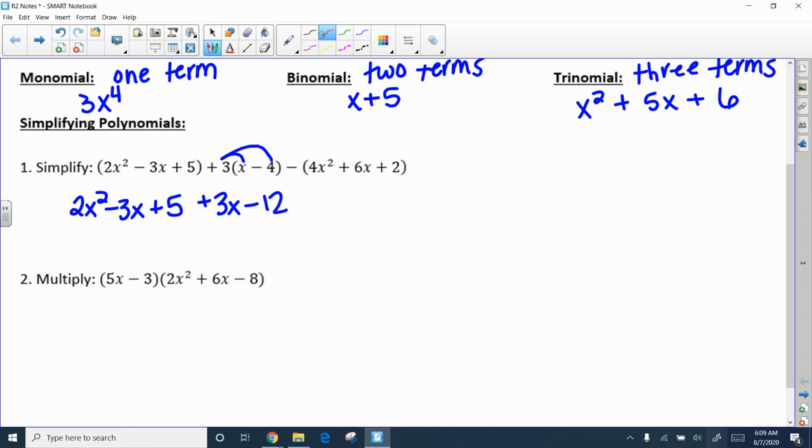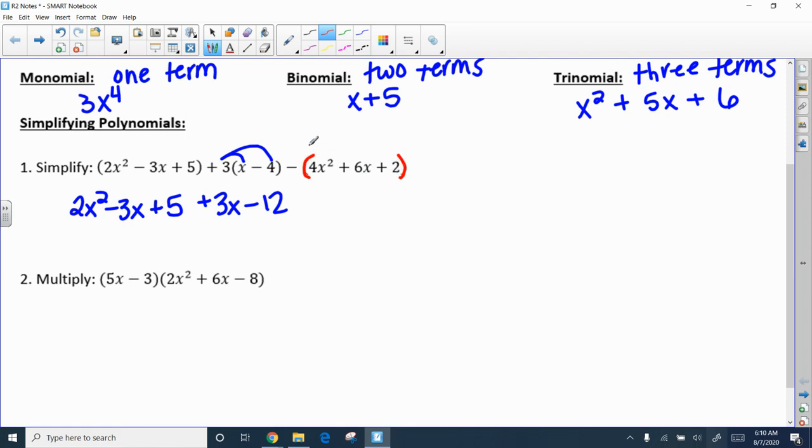And then right here, I am subtracting. The parentheses are important, but in order to combine terms, I want to get rid of those parentheses. When we have subtraction, we have to remember that we are subtracting all of these terms, not just the minus 4x. We have to subtract 6x, and we have to subtract 2.